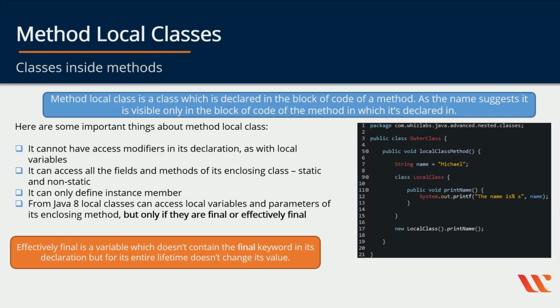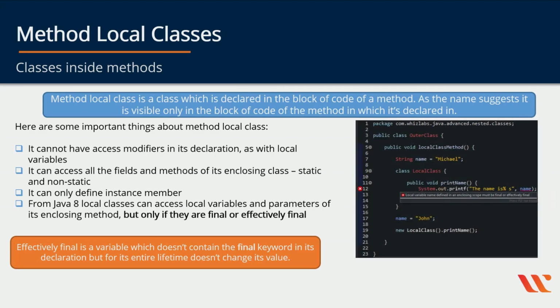What will happen if we try to change the value of name, even after the method local class declaration? We will get a compile time error. Why is this happening? Well, it's quite an advanced subject and not really easy to understand, but let's just say that it's a limitation of Java.